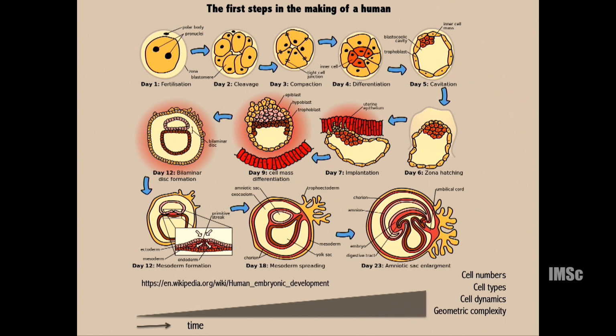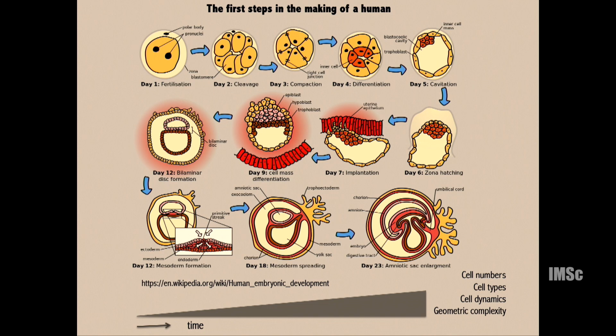So formation of cavities, which become more numerous as development goes on, is also a sort of common modular theme, as are the formation of loose aggregates and their compaction and the formation of layers.